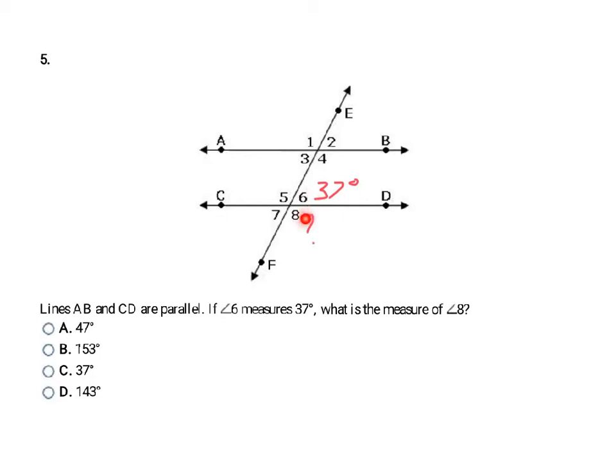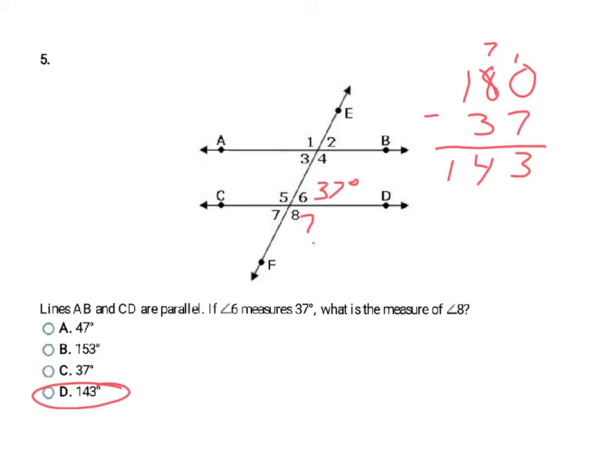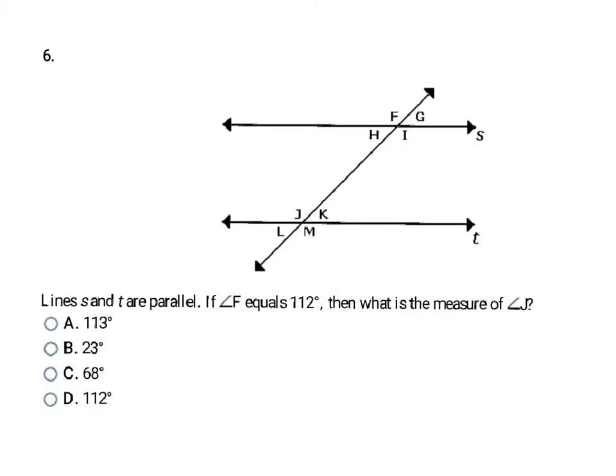Well, here, these angles are right beside each other and they form a line, so they're going to be a linear pair, which means they're supplementary. So to find the measure of angle 8, I'm going to have to subtract 37 from 180. And when I do that, I get 143 degrees, which is choice D, and the measure of angle 8.